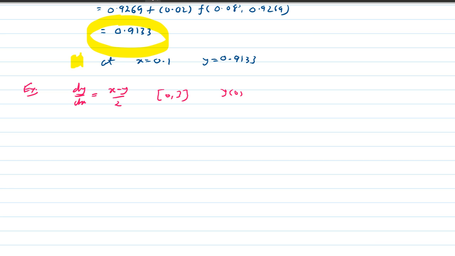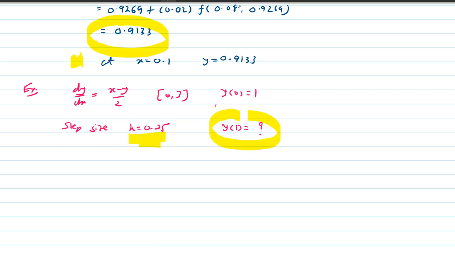Now when you want to find the answer, the step size is given in this case: step size h equal to 0.25. The question is to find y at 1. So how many steps will there be? Try to do the example. The number of steps will be 4.